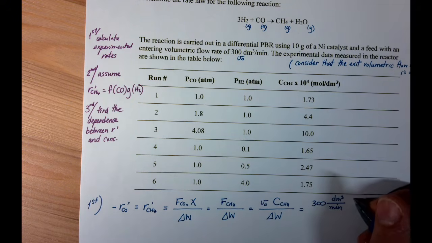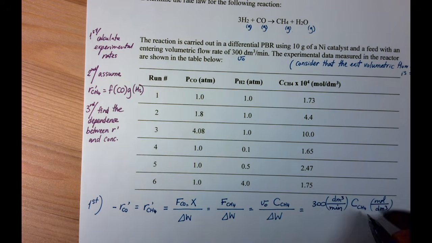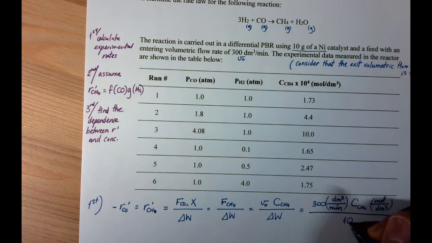The concentration changes with each run, so I'm just going to write it as C of methane in moles per cubic decimeter divided by delta W, which is the mass of catalyst, which is 10 grams of nickel. So 10 grams.